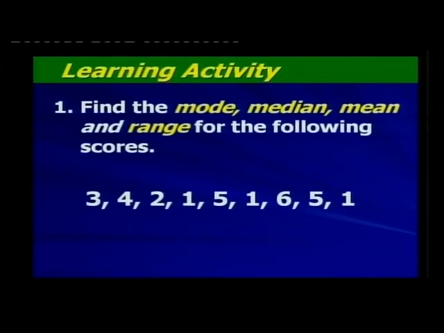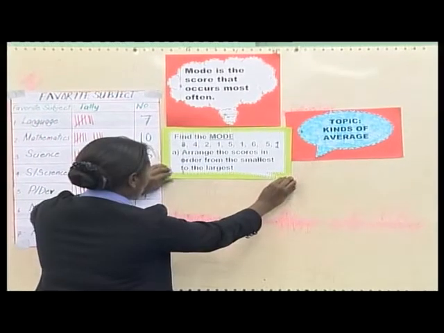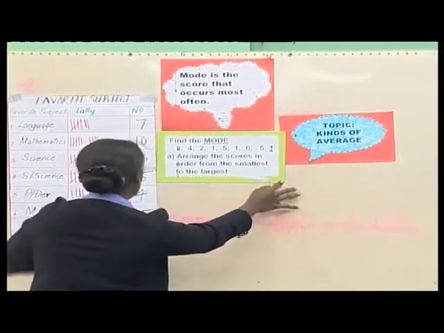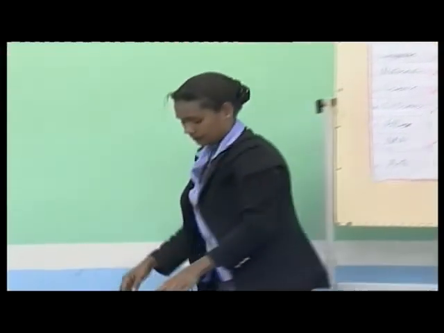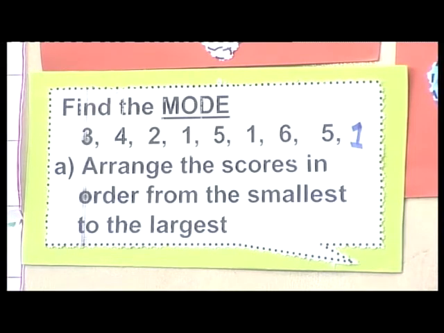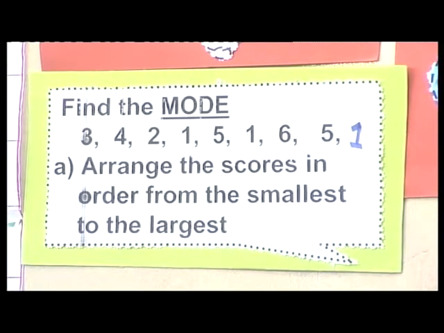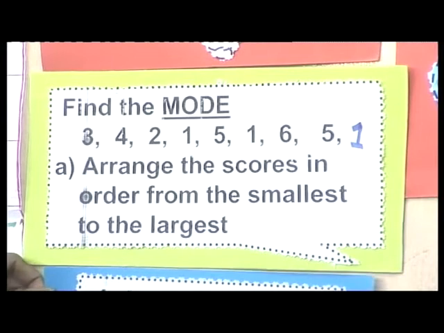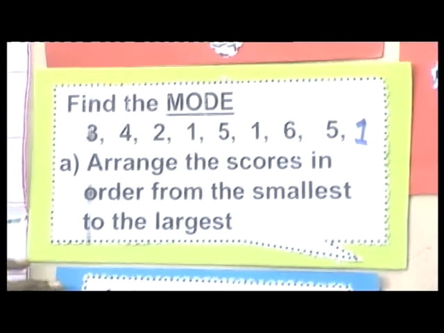Okay, in order to help us work out these numbers easily, first thing you have to do is arrange the scores in order from the smallest to the largest. So I have it also here. That is how you should have found the mode.